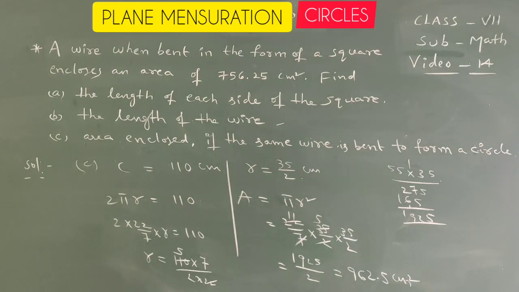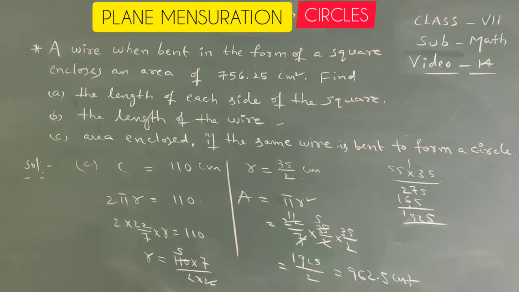Important one. A wire is bent in the form of a square and encloses an area. Actually, one wire is given that is in the form of a square. The area is given. Length of each side of the square: area given means side is the square root of 756.25, that is 27.5.